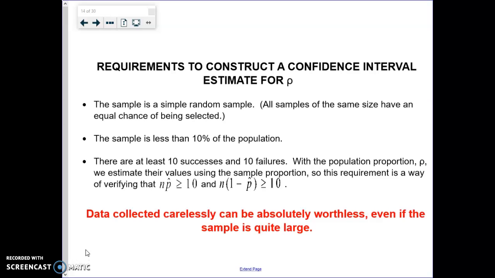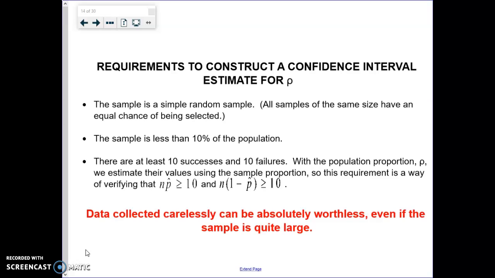And why is this? It goes back to the 10% condition from Learning Target 8.3. We talked about binomial probabilities. Even though we are not replacing, so each time we select something to be surveyed, those are dependent selections, by having our sample be less than 10% of the population, we can assume independence, which makes our calculations a lot easier.